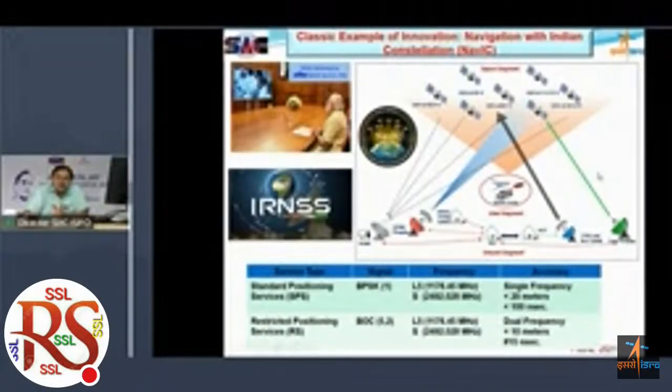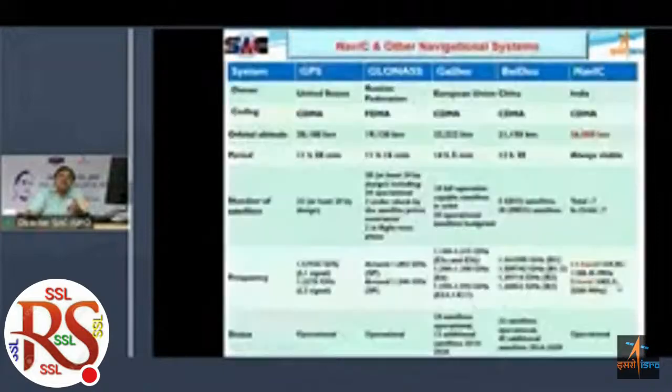It was conceived in 1999. The government set up a committee, which gave a report that we should have our own system. We embarked on it, started work by 2006-07, and within 10 years, by 2016, we launched all 7 satellites as well as the ground segment. Everything was made ready, and now it is ready for use by civilians as well as our strategic forces.